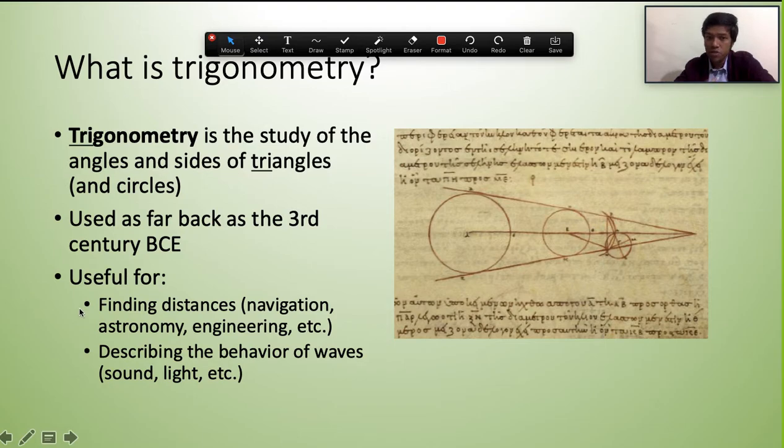And where do we use trigonometry? To find out distances in astronomy. Trigonometry, these angles and ratios, actually help us understand the distance and the movement of distant stars.